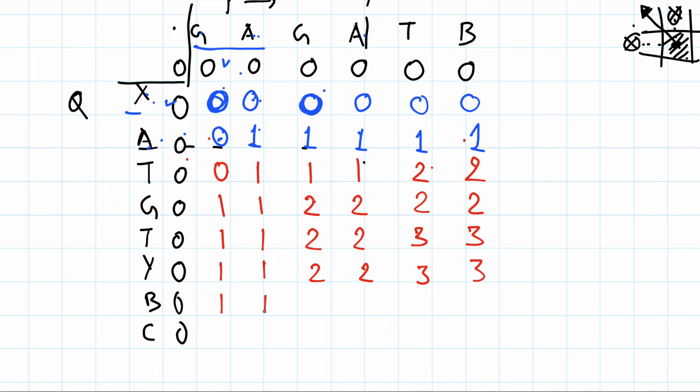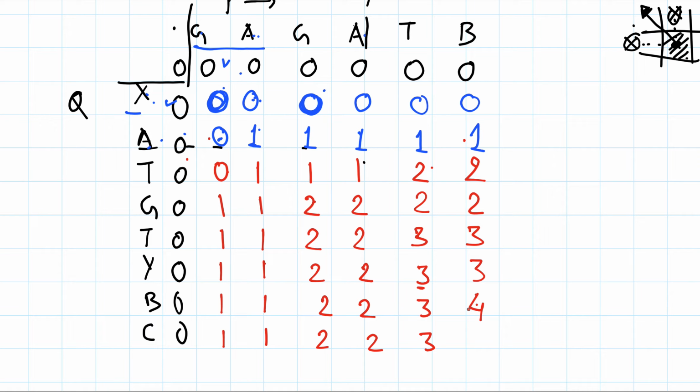B and A, 1. B and G, 2. B and A, 2. B and T, 3. Here B and B are now equal, so 1 plus this value 3, so 4. Now C and G, 1, 1, 2, 2, 3.